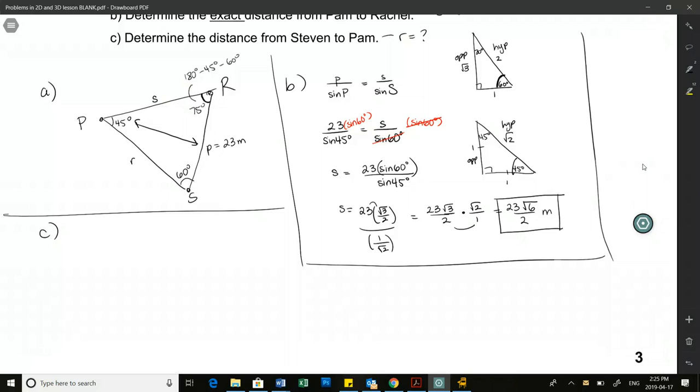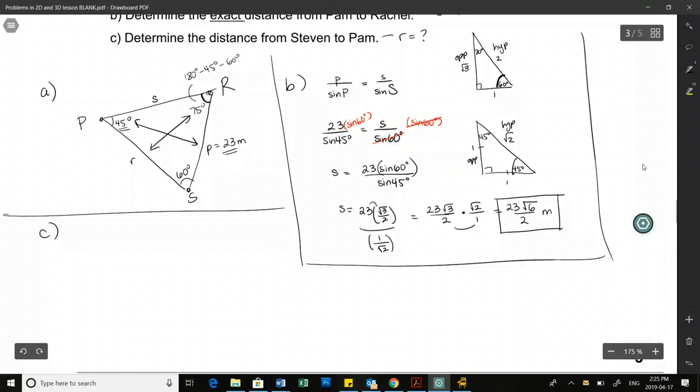I'm going to use this side and its opposite angle pairing that was given to me in the question. Just in case I made a mistake on part B, I don't want to use that to calculate my part C if I can avoid it. If I can't, then I will use it. But if I can avoid it, I'm just going to use this pairing right here. So it's going to be little p over sine p equals little r over sine r.